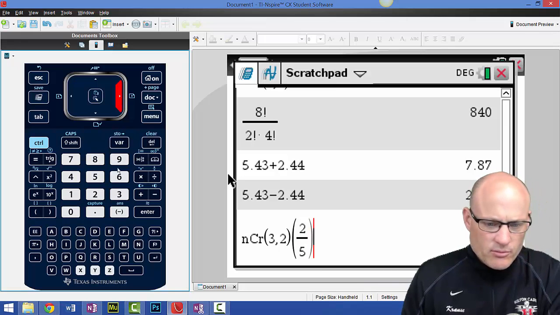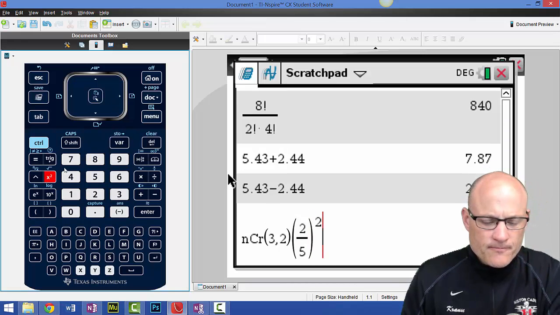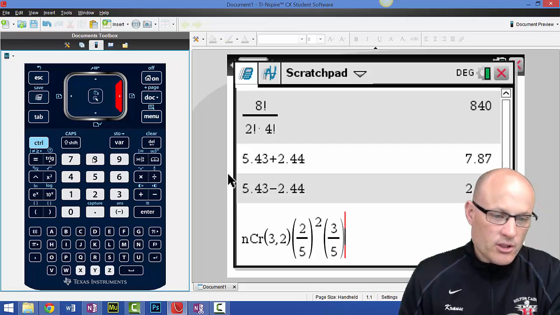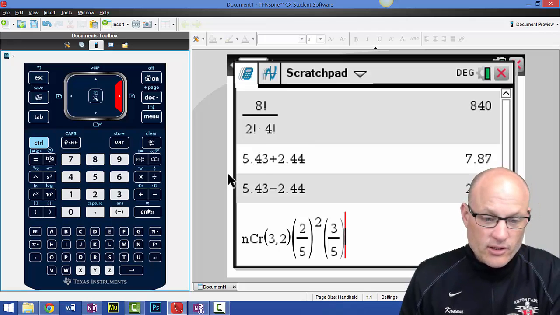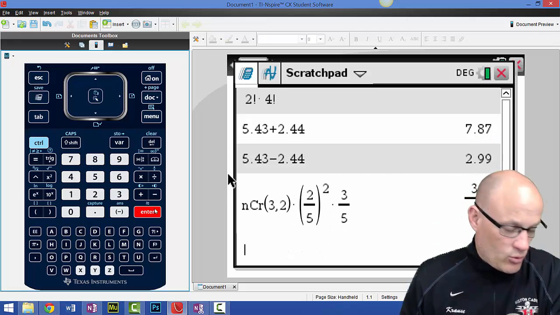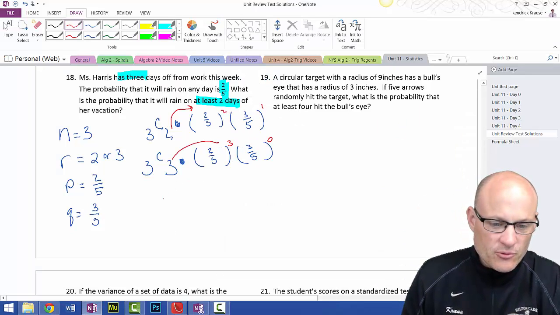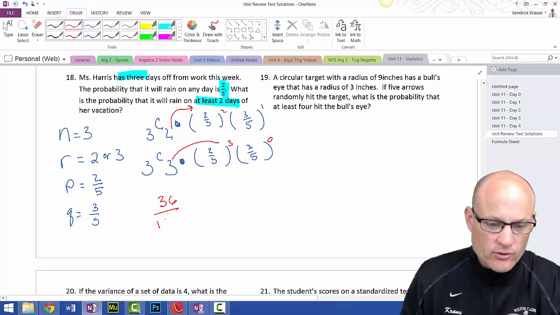And this one we want to be squared. Parentheses, control division, 3 over 5. And this one we want to be to the first power. So I could put to the first power, I can just leave it. Boom. 36 over 125. Let me write that down. So the first one is 36 over 125.